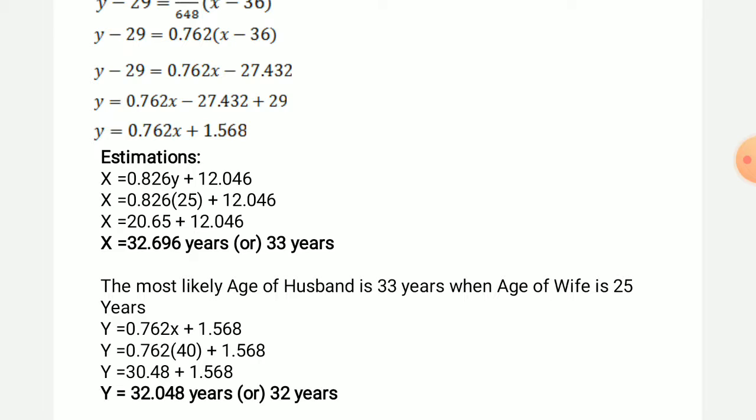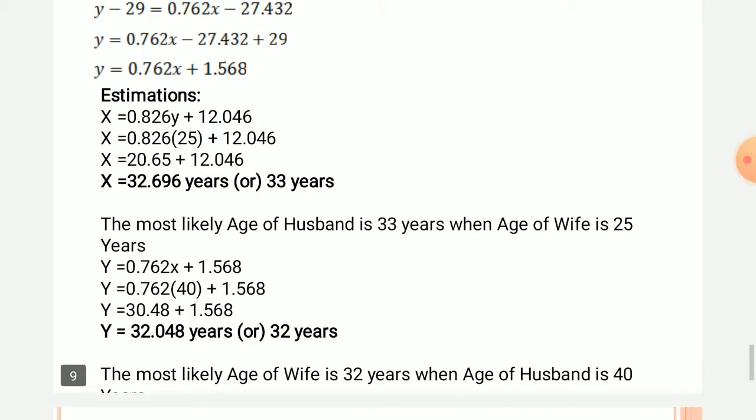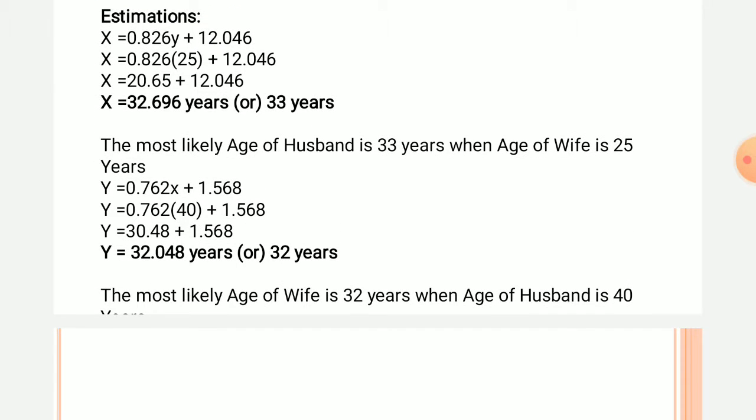This is when the age of the wife, that is y, is given, then we can find the age of the husband, the value of x. Similarly, the most likely age of the husband is 33 years when the age of the wife is 25 years.